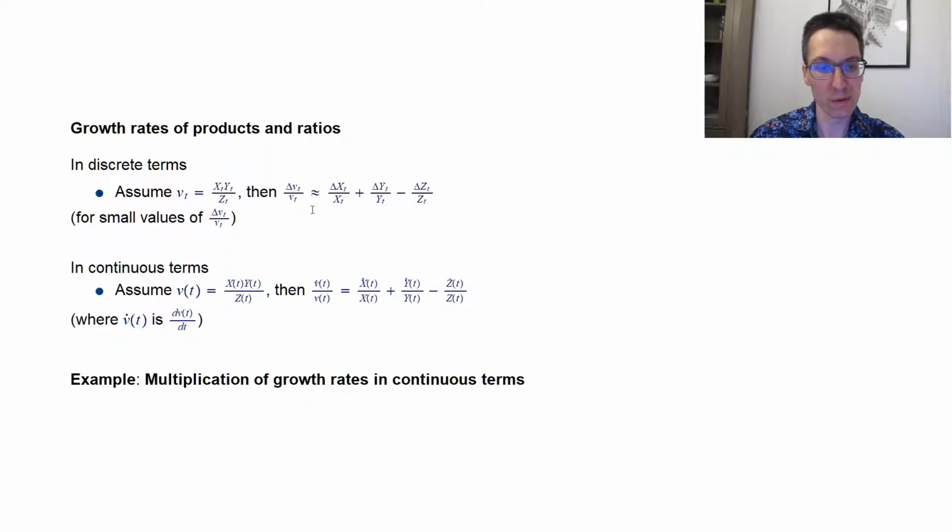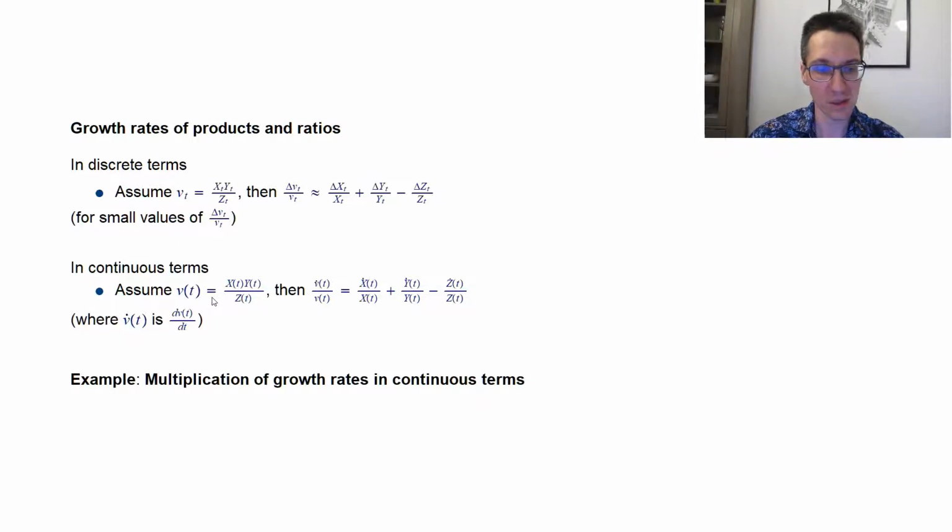This is approximately true for small values of delta v_t over v_t, so if we're considering either very small growth rates or growth rates over small time intervals. In continuous terms, this is exactly true. So if v_t is, again, x of t, y of t, z of t, note that here, instead of indexing by t, we just assume that v of t is a function of time that we can evaluate at any value of time.